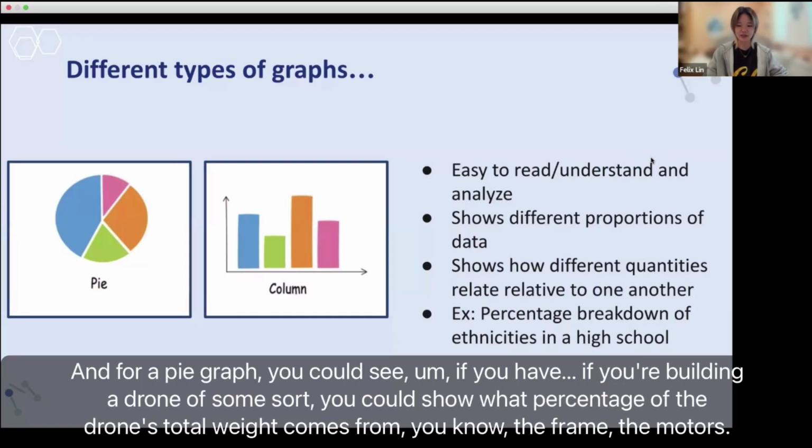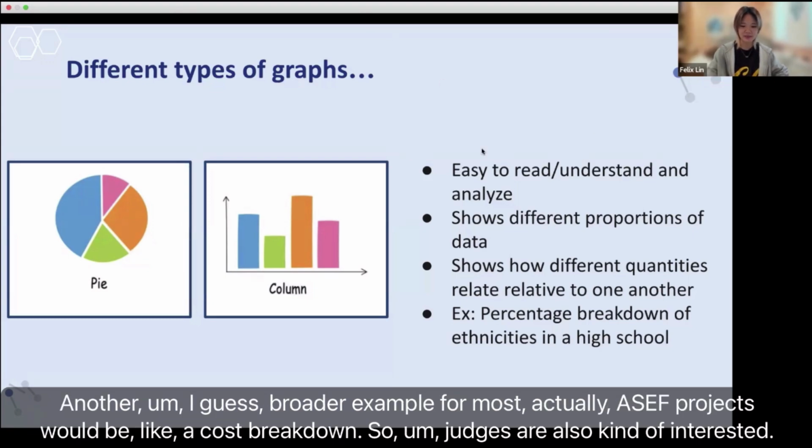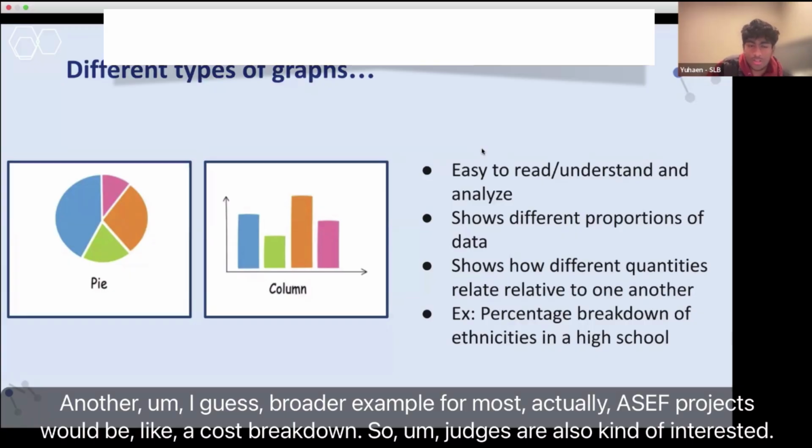And for pie graphs, if you're building a drone of some sort, you could show what percentage of the drone's total weight comes from the frame, the motors, the battery, the camera, etc. Those would be engineering examples for that. Another, broader example for most ASEF projects would be a cost breakdown.